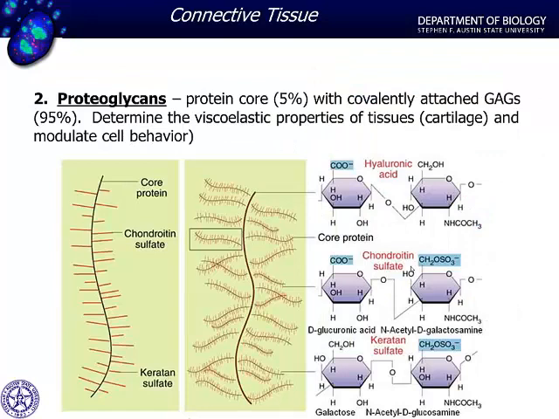Now, if we take those glycosaminoglycans, yet we arrange them and covalently link them to a protein molecule, now we've created something called a proteoglycan. On the far left, the black line that you see is basically a protein, a long chain of amino acids.